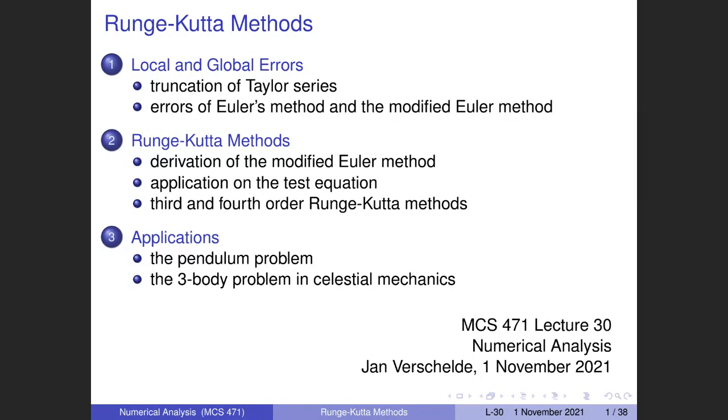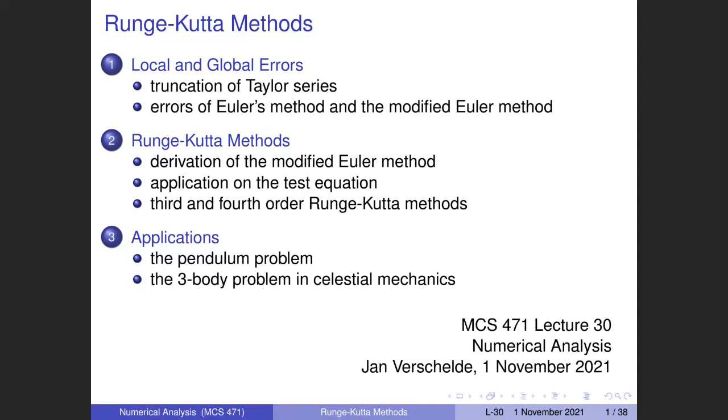So we will look first at defining the local and global errors, and we will define the Euler method and the modified Euler method again. So we will see that the modified Euler method belongs to a class of Runge-Kutta methods.